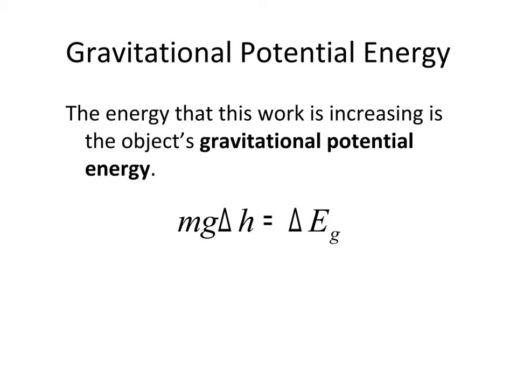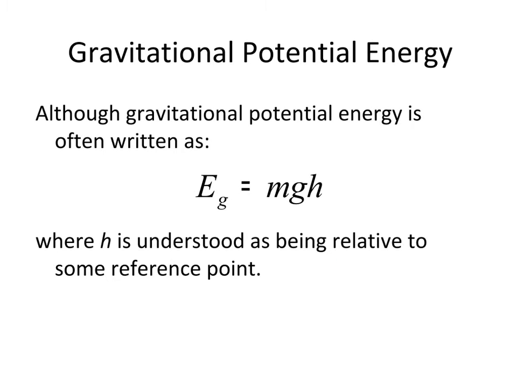The energy that this work increases is called the gravitational potential energy. So we can write gravitational potential energy this way. Although quite often we'll omit the deltas. So we'll often write gravitational potential energy this way.